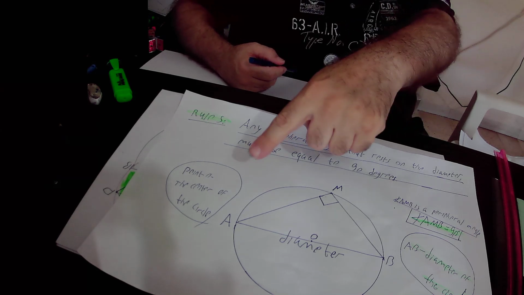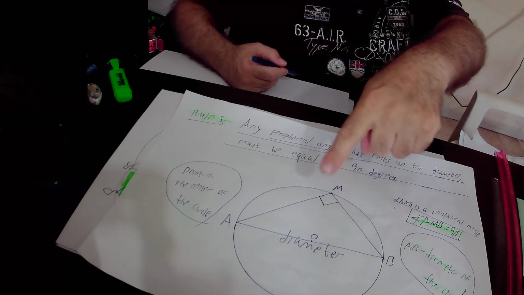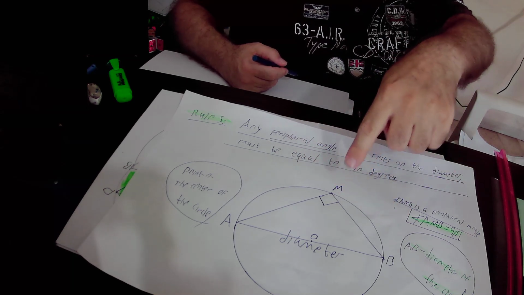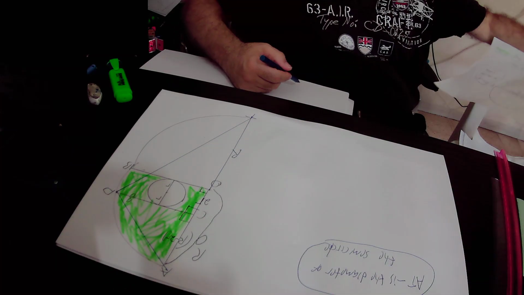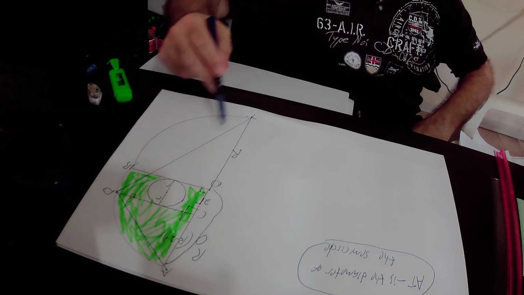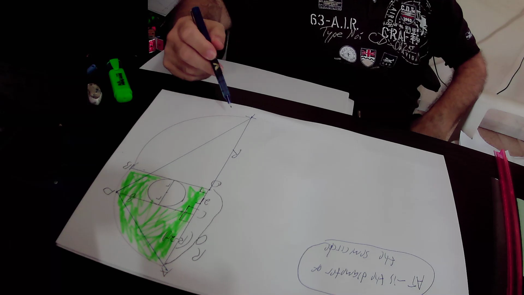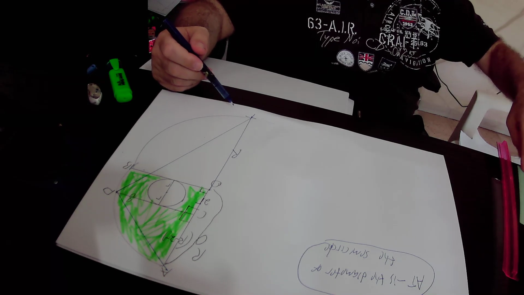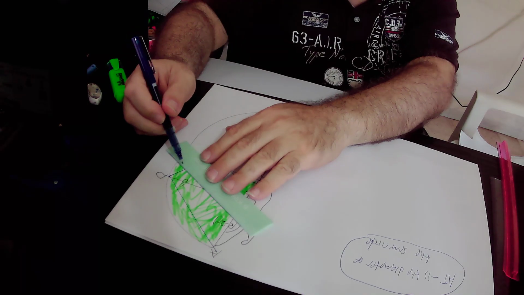Here we have peripheral angle AMB that rests on AB, that is the diameter of the circle. Therefore, peripheral angle AMB equals 90 degrees. We can implement rule number 5 in our drawing. Here we have peripheral angle ADT that rests on AT, that is the diameter of the semicircle. Therefore, peripheral angle ADT must be equal to 90 degrees according to rule number 5.